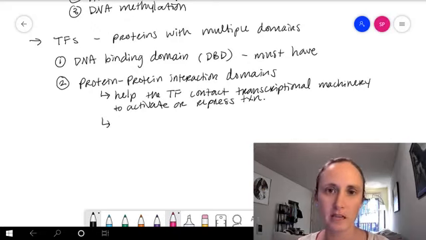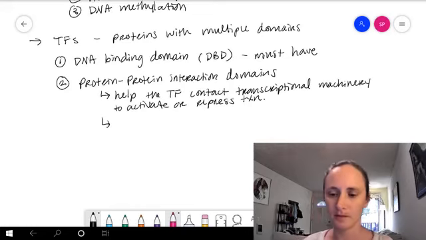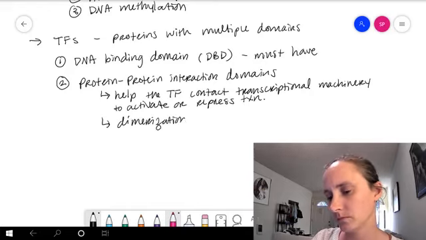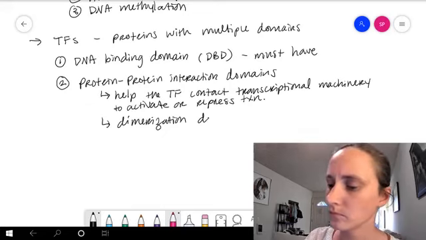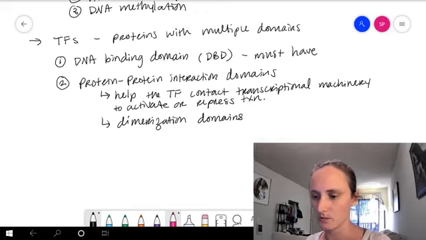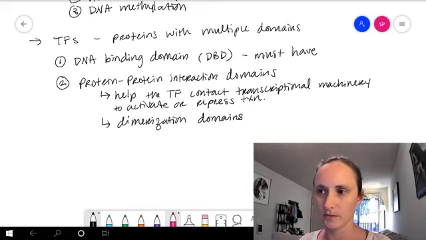And this is called dimerization, and it's very, very common. So dimerization domains. The ones we're going to talk about either form dimers or tetramers, so they like to work in groups.